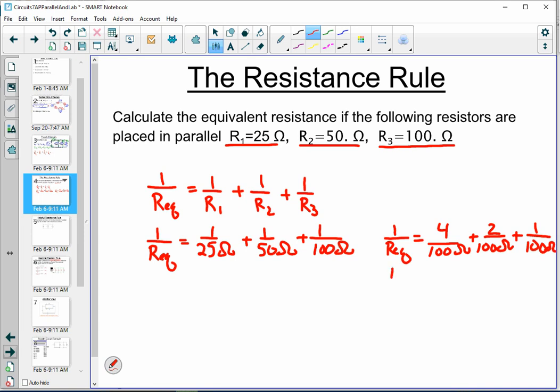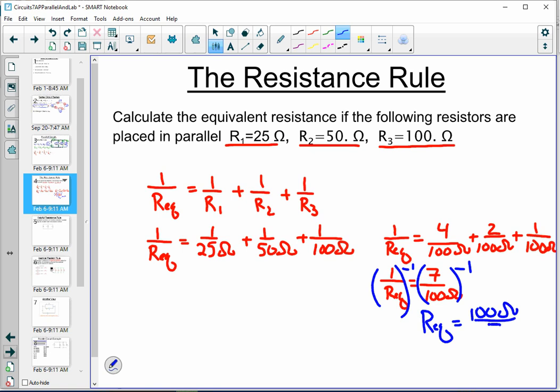Therefore, 1 over the equivalent resistance is 7 over 100. In order to get our answer, we would have to invert both sides or simply flip them over. So the equivalent resistance will be 100 divided by 7, which will be 14.3 ohms.